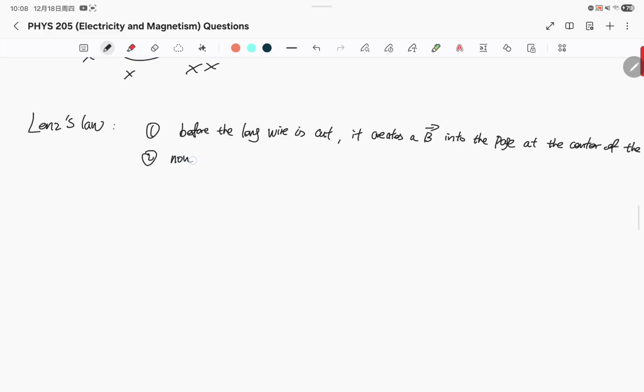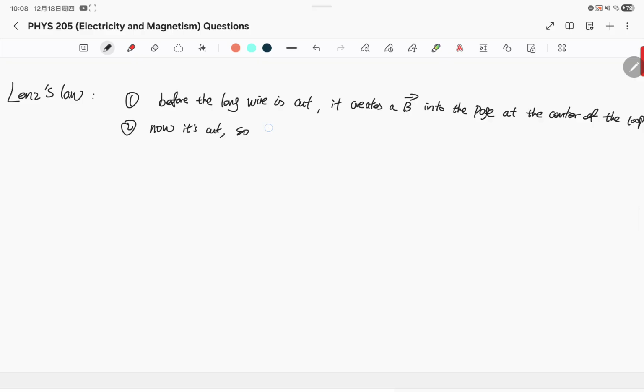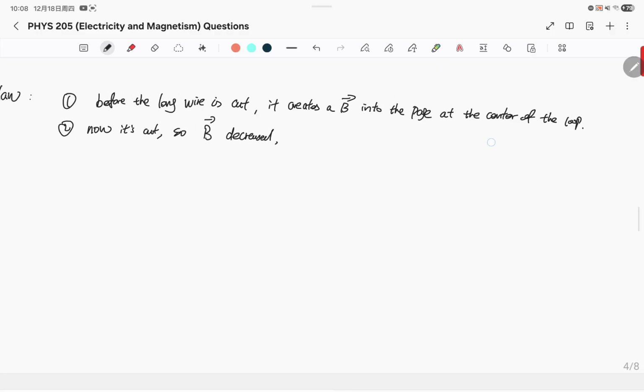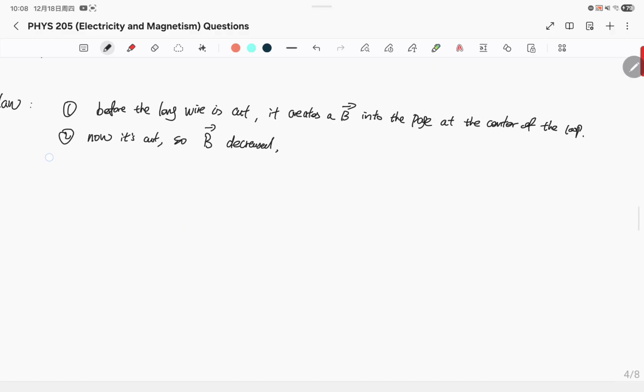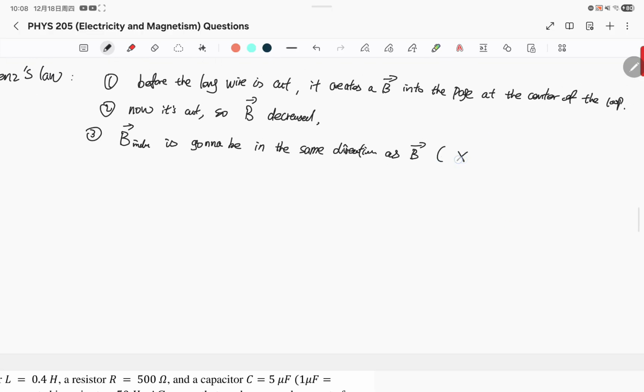Now it's cut. So our B is decreasing. And according to Lenz's law, if B decreases, B induced is going to be in the same direction, and that is into the page.